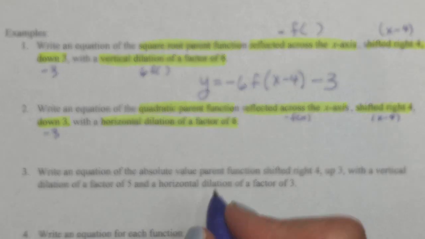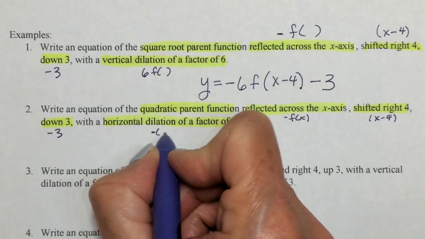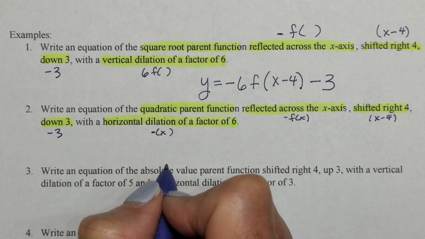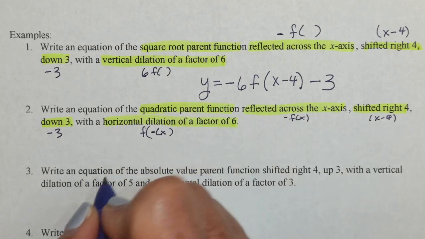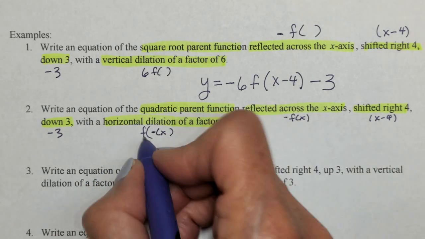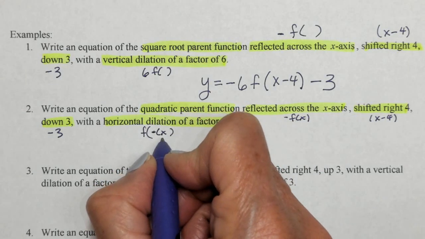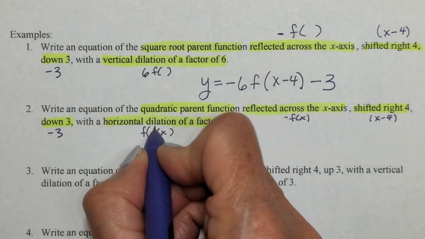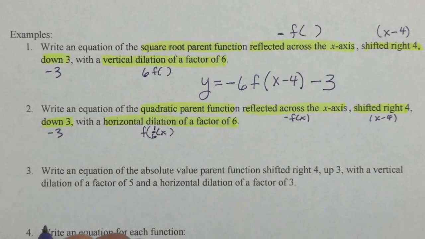So that's going to be something in there with the x's. Horizontal dilation of factor 6 will be a 1/6 in there with the x's.